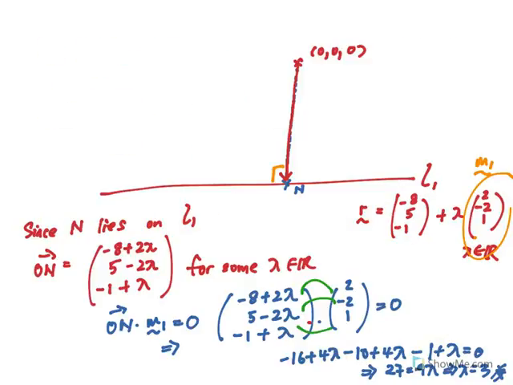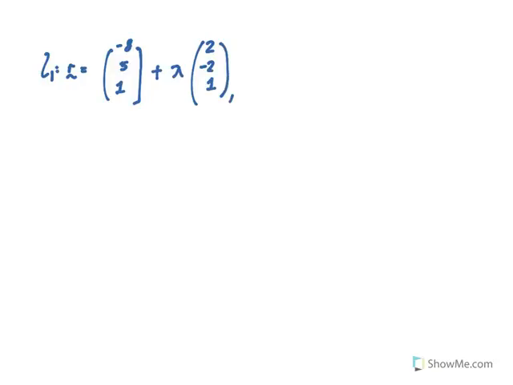From line 1, r equals negative 8, 5, 1, plus lambda of 2, negative 2, 1, where lambda is a number. Line 2 can be written in this form.